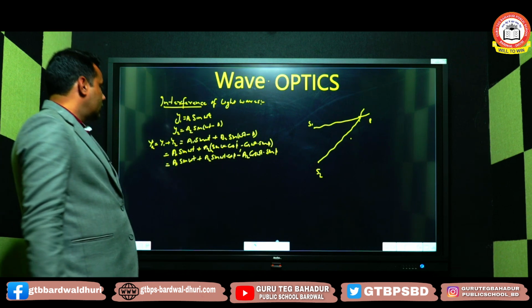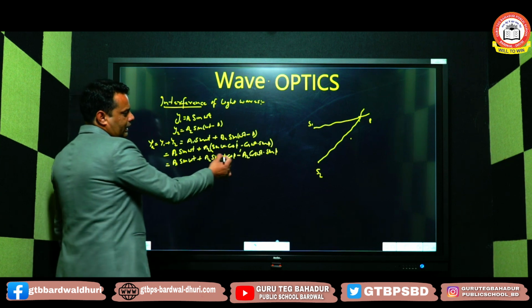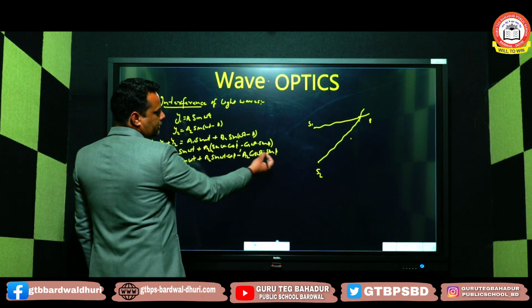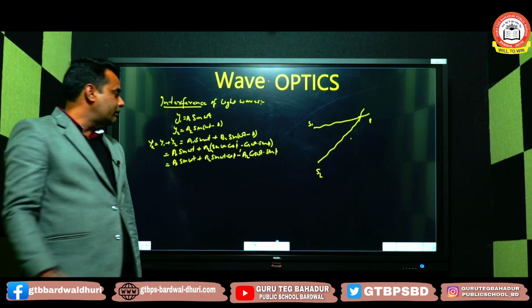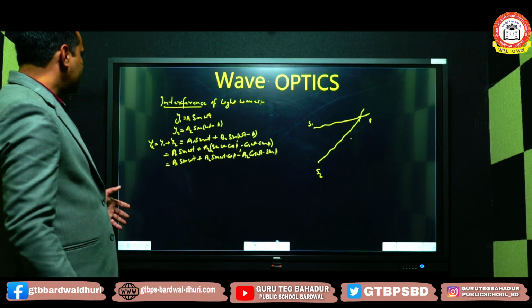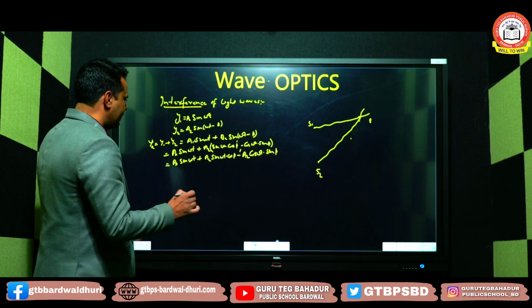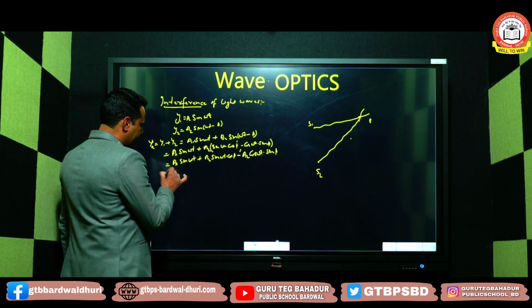Now here cos phi is constant, sine phi is constant, and sine omega t and cos omega t are the variable functions. So what we need to do is separate the constants and variables. Let me make it clear.